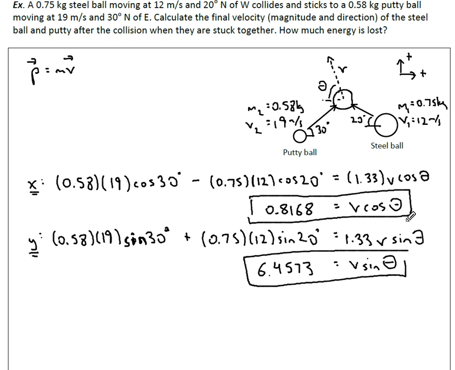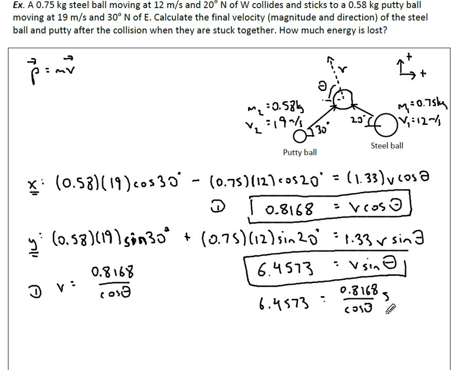It doesn't really matter which one, but if I look at equation 1, what does equation 1 become? V is equal to 0.8168 divided by cos theta. So when I plug in these values, we get 6.4573 is equal to 0.8168 divided by cos theta times sine theta.